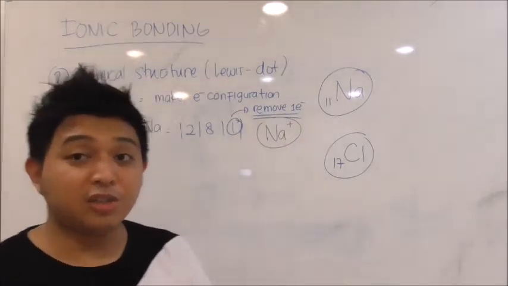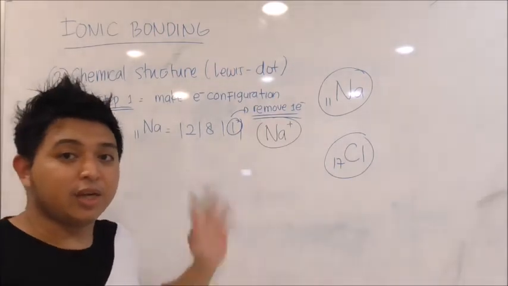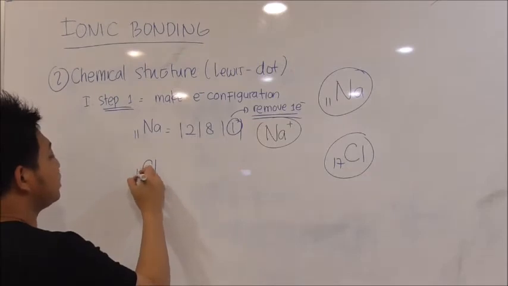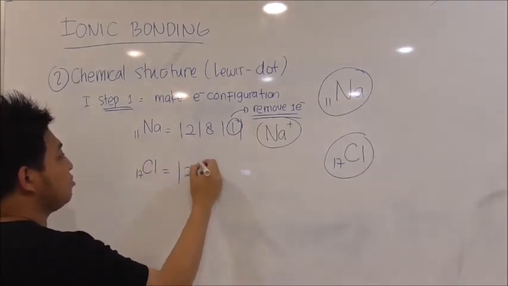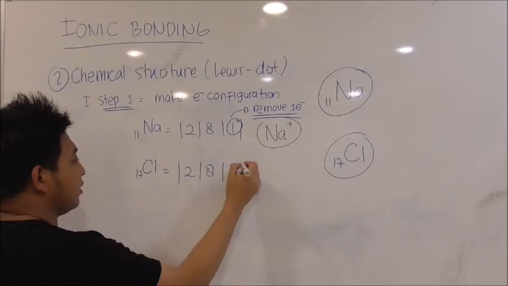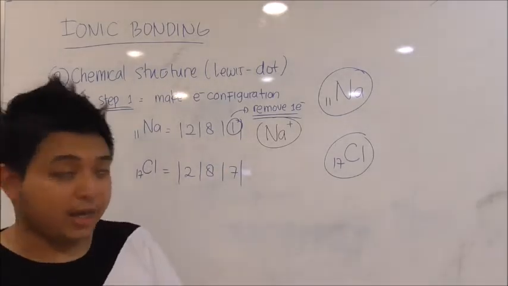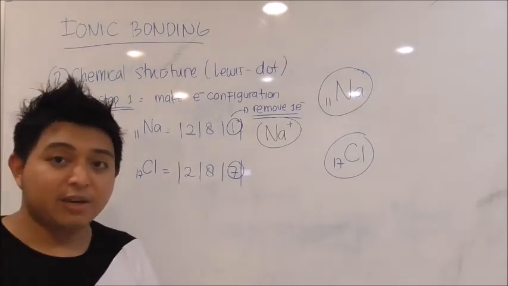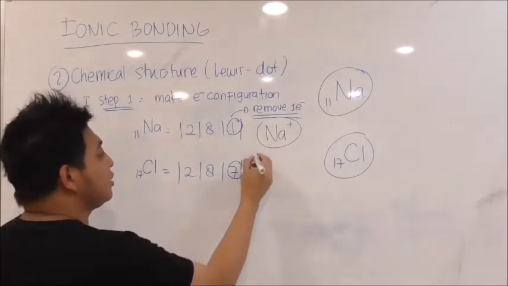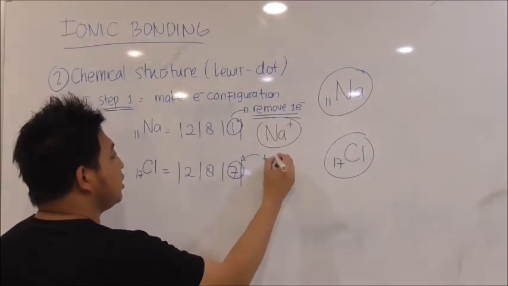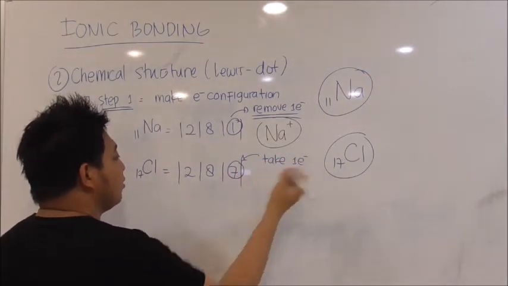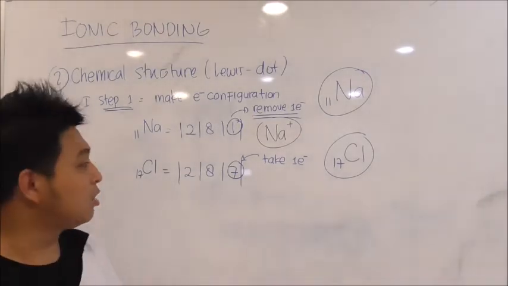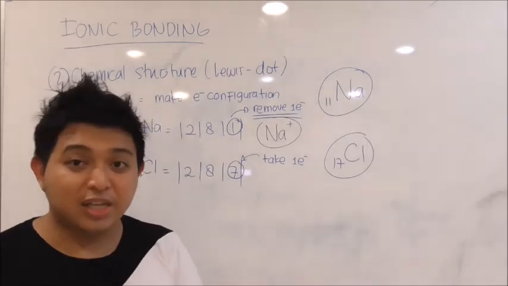Okay, you got it until this one? Good. The next one is chlorine. Chlorine is 17, which is 2, 8, 7. To become octet, chlorine needs to take 1 electron from outside. When chlorine takes 1 electron from outside, it means chlorine has an additional electron.